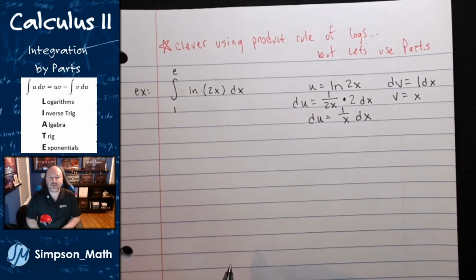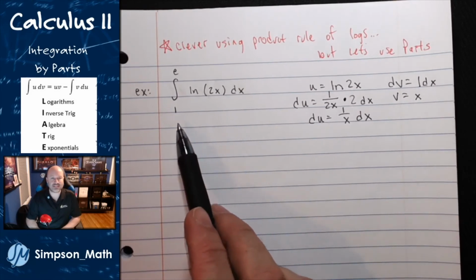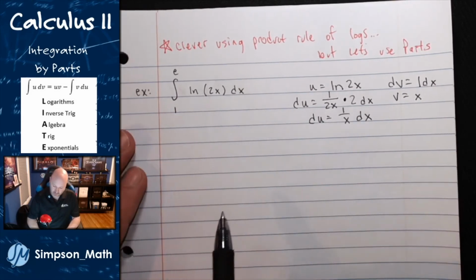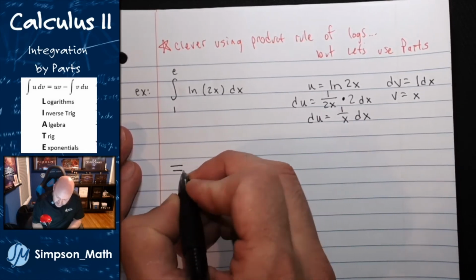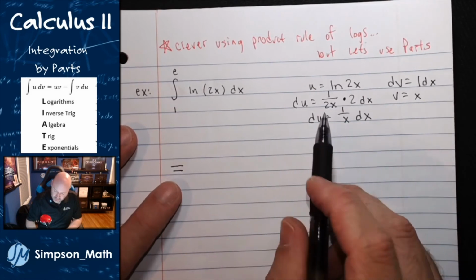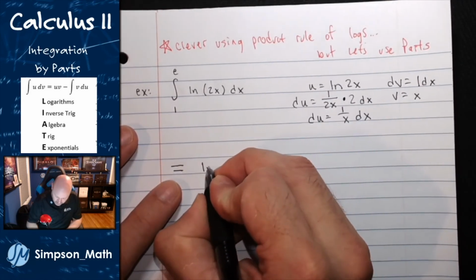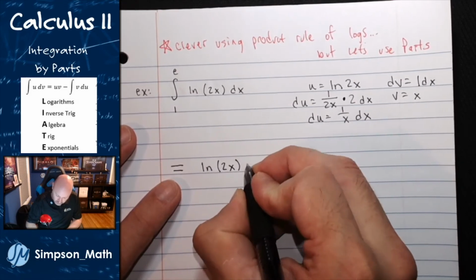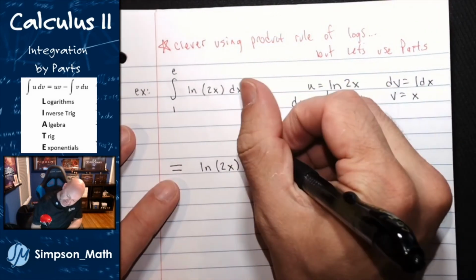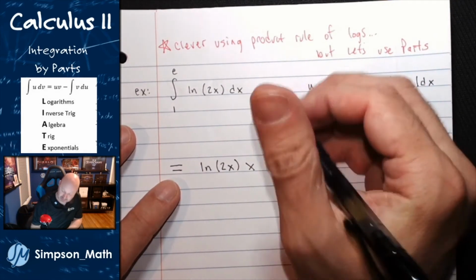Okay, I'm ready to apply the parts. And I just wanted to show you this notation with these limits of integration. The way we handle this is we just say this is going to be equal to, when you start writing the parts formula, uv, and then before I continue on to the minus integration, I'm going to write down my limits of integration.